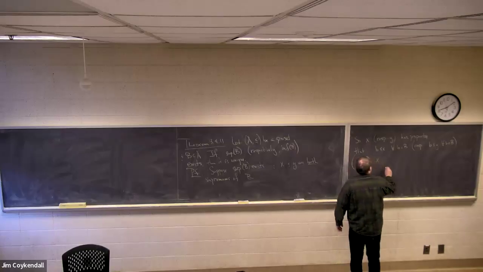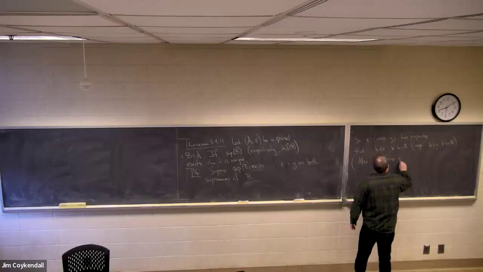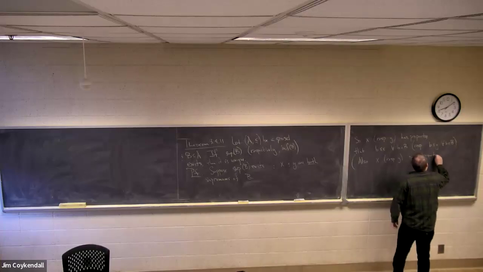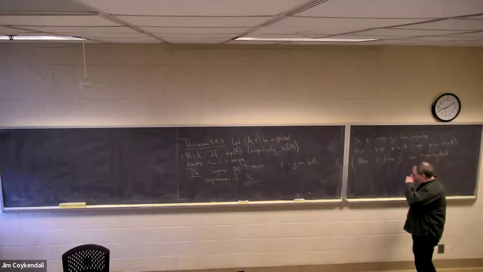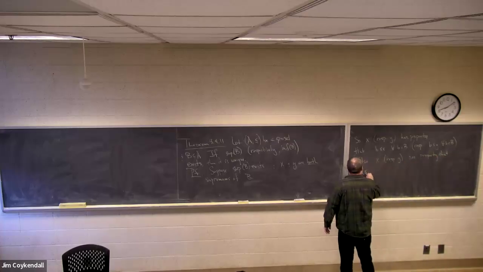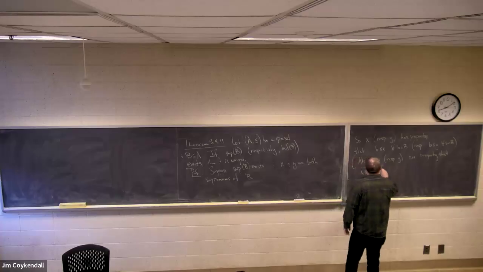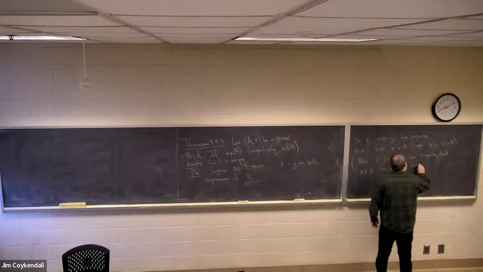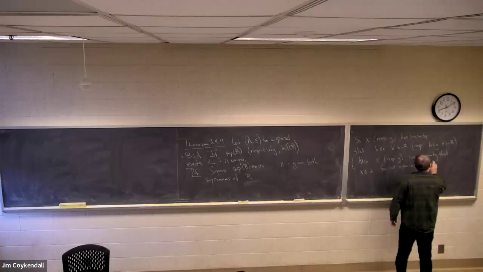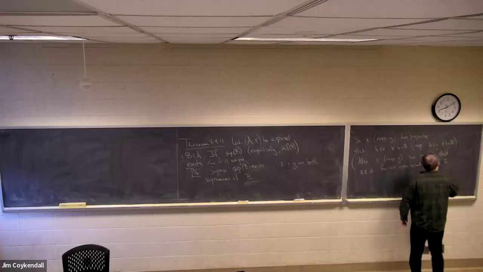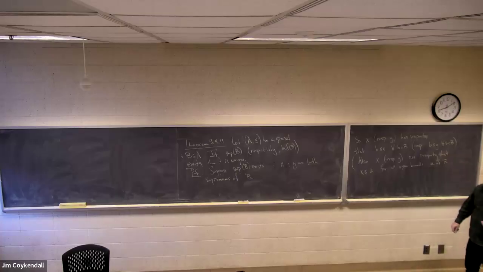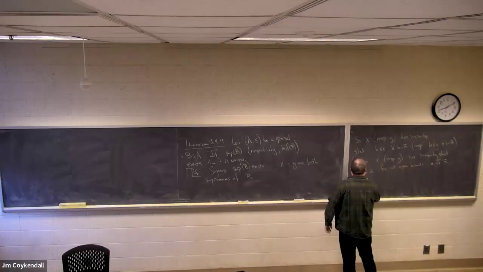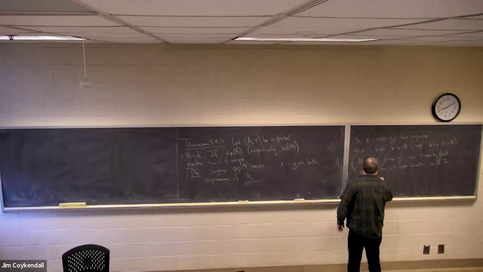Also, X respectively Y has the property that X is less than or equal to U for all upper bounds U of B. So if anything is greater than or equal to everything in B, then X is less than or equal to U. But this is also true for Y.